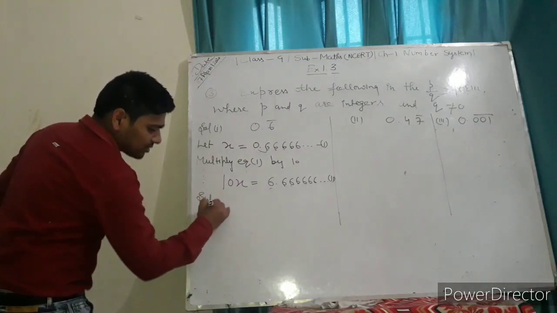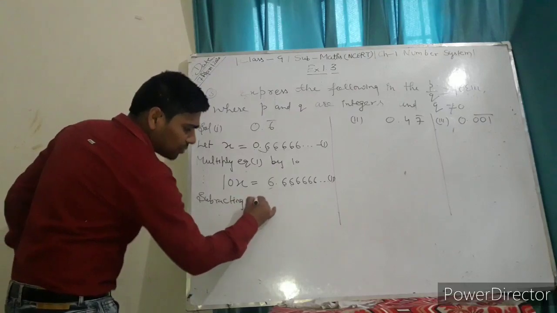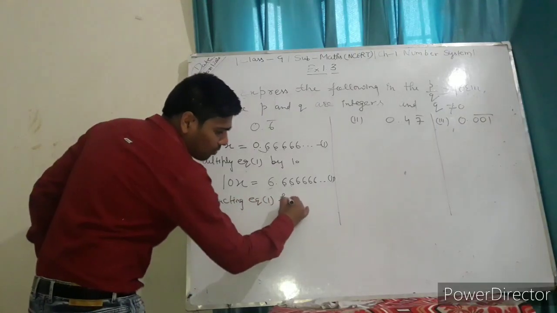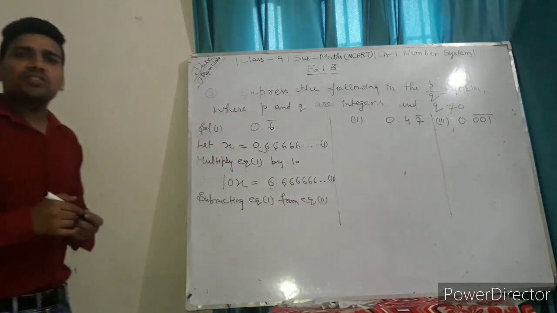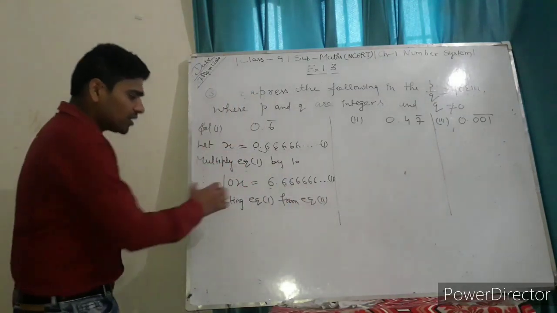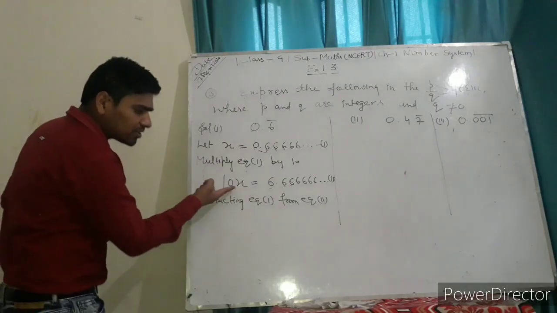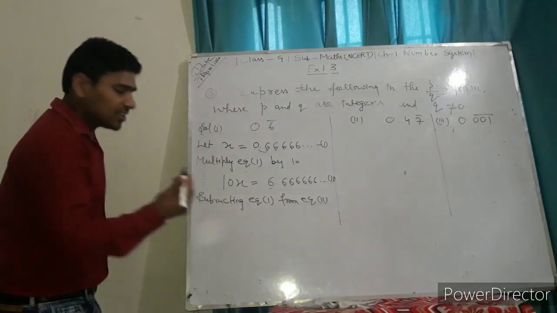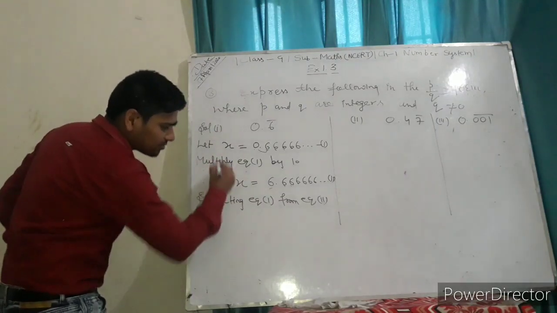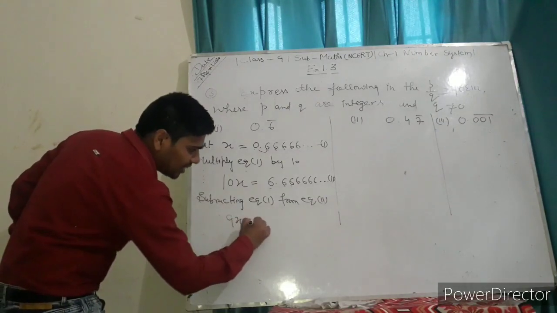Now what to do next? Subtracting equation 1 from equation 2. This is equation 2, this is equation 1. It means 10x minus x, so simply you can write 9x is equal to.